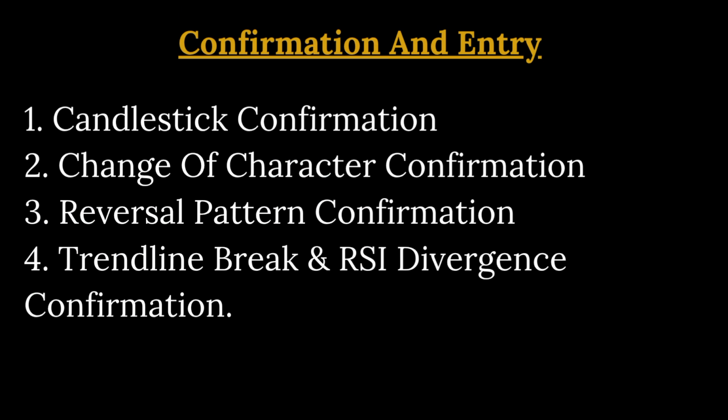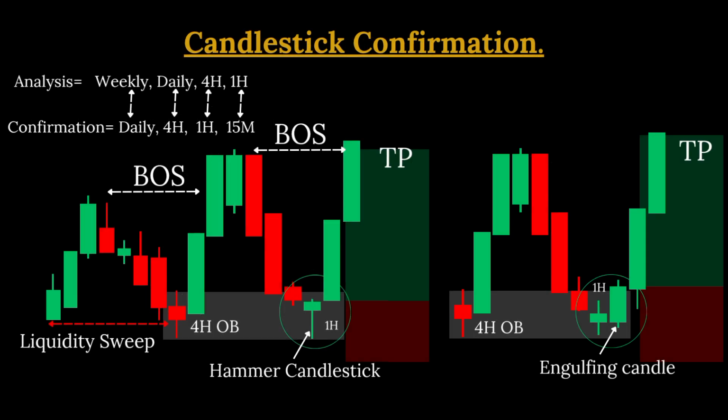Below is a structured, professional approach to using various entry models, including where to place stop losses and profit targets to optimize risk management and trade execution. First on the list, 1. Candlestick confirmation, multi-timeframe approach. When price reaches your identified order block, OB, on a higher time frame, e.g. 4 hours, you refine entries by dropping down to a lower time frame, but not too low.